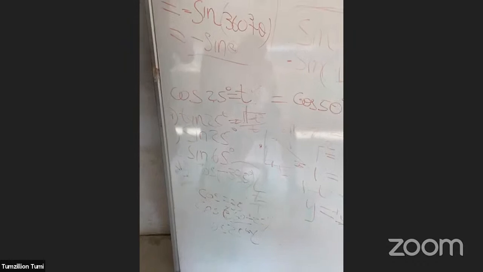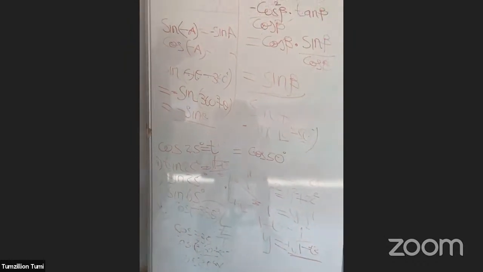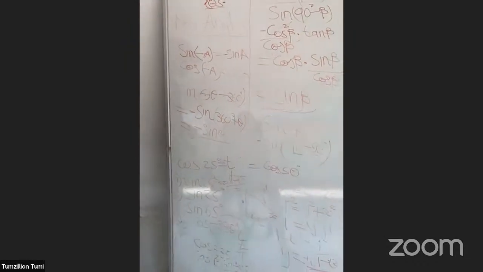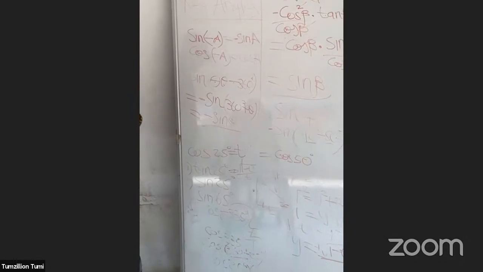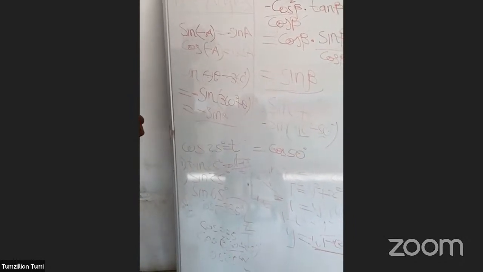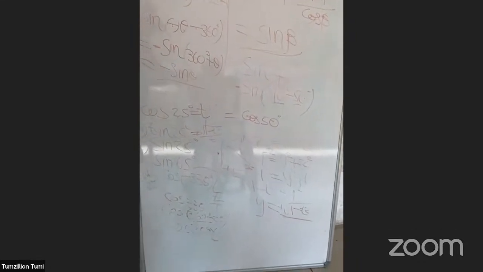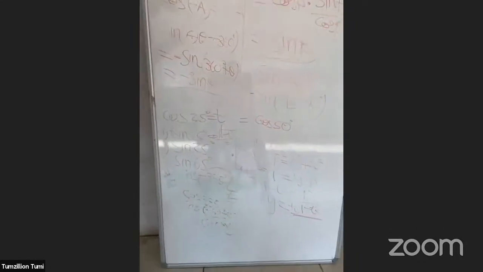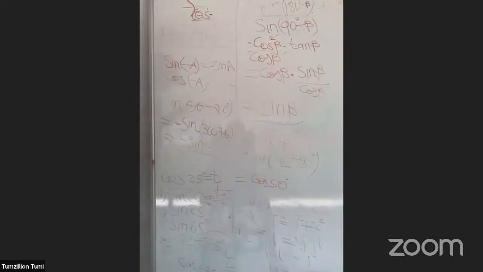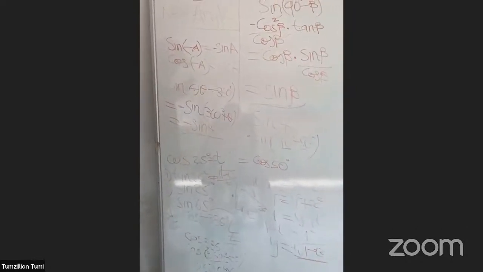If you have any questions, you can send them to us. I see we have one question from one of our participants. Let me take the question, and then we will look into more examples here. Okay, they say it's question 5.